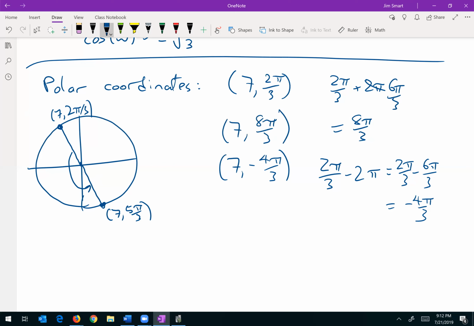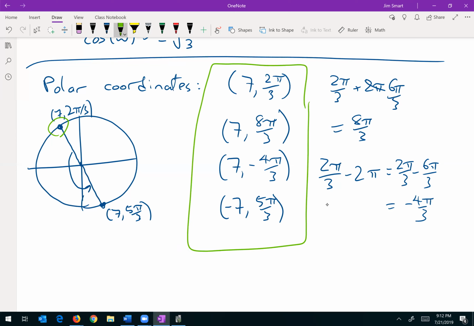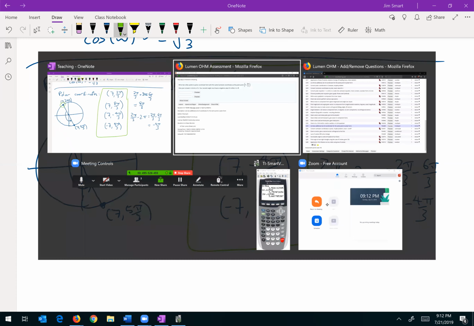So if I change the 7 to a negative 7, but keep the 5 pi over 3, that's back to this point over here. So all 4 of these sets of coordinates refer to the same point. They're just different ways of getting there.